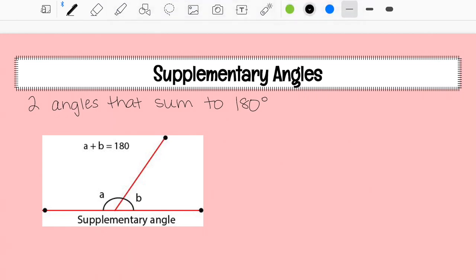And if you look at our picture right here, you have angle A and angle B, and they show you that you have A plus B to equal 180 degrees. What you guys are going to see this kind of problem look like is you would be given two different angles, and each angle would have an expression of its angle measure.